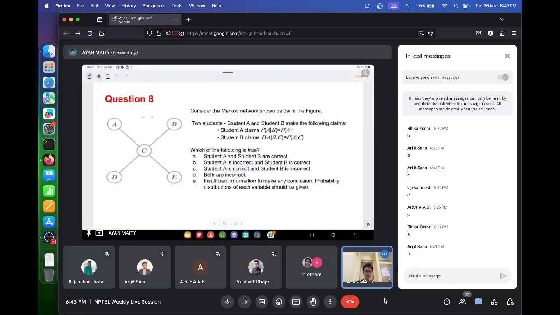Now question 8. Consider the Markov network shown below in the figure. Two students, student A and student B, make the following claims. Student A claims that probability of A given B equals probability of A. Student B claims that probability of A given B comma C equals probability of A given C. Which of the following is true?